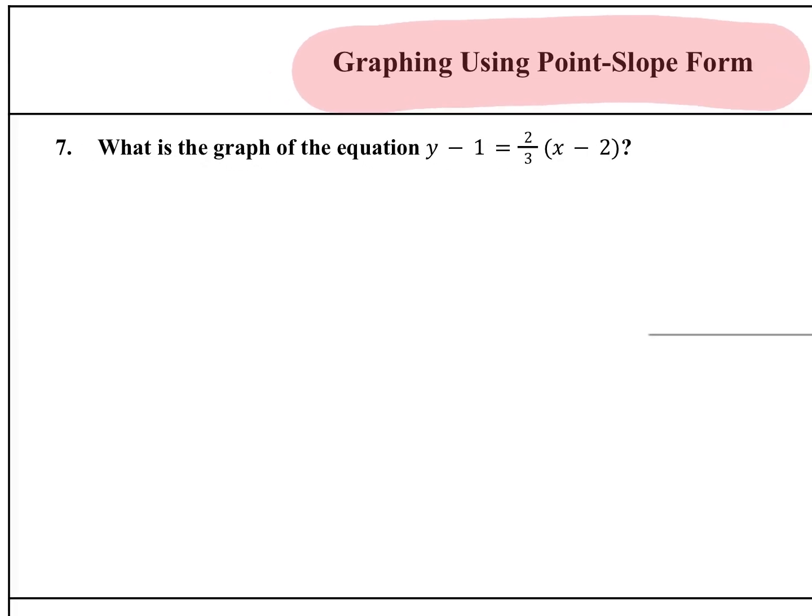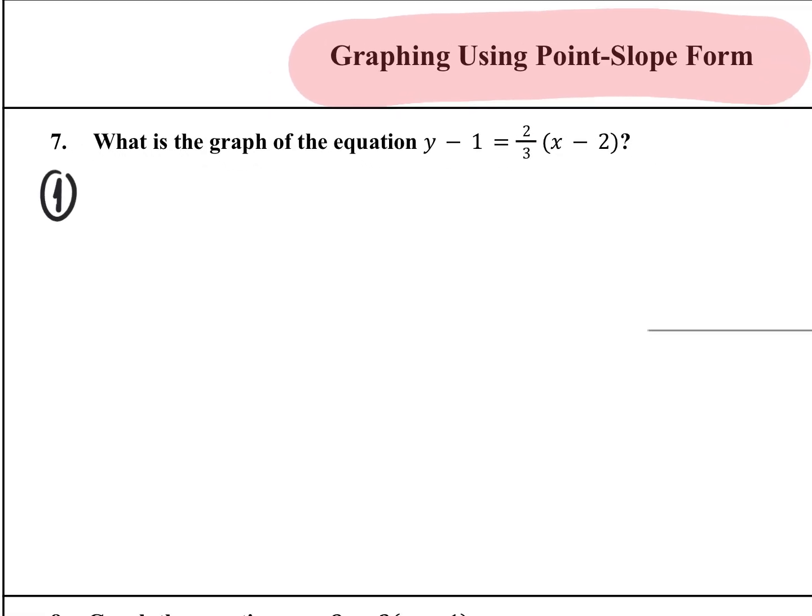Step 1: look at what the point is. Remember, this is your y and this is your x, so the x comes first, that's 2, and then 1. The second step is to identify your slope. Your slope is equal to 2 over 3.